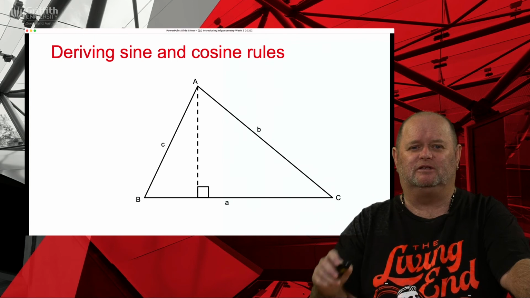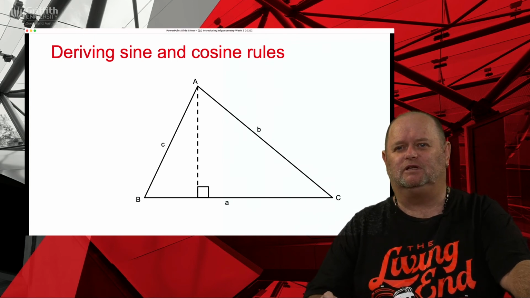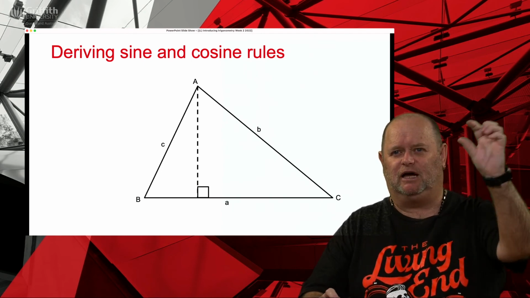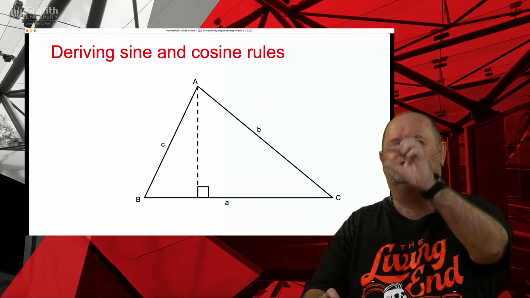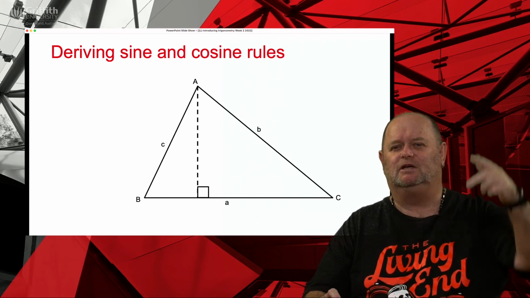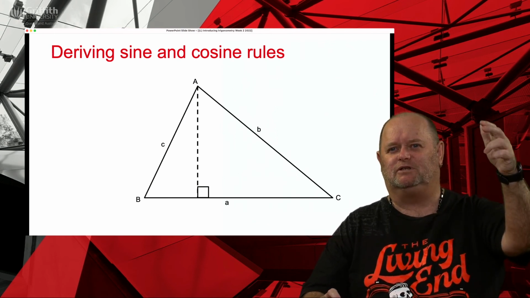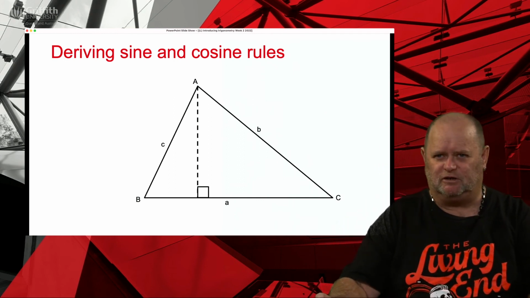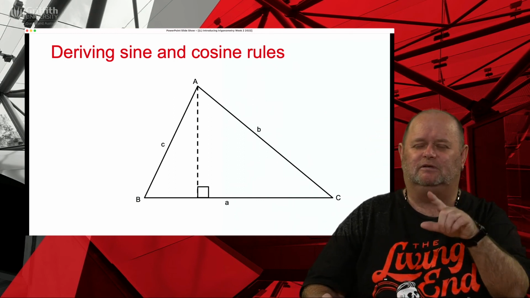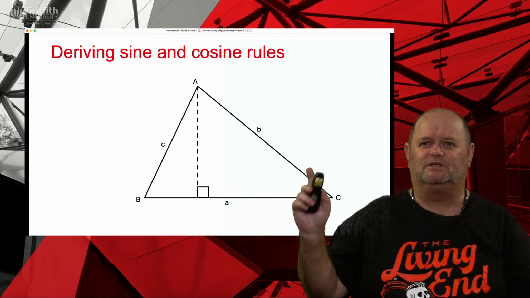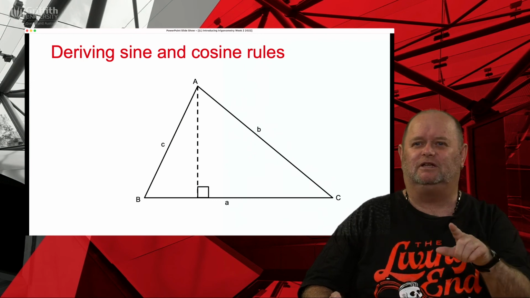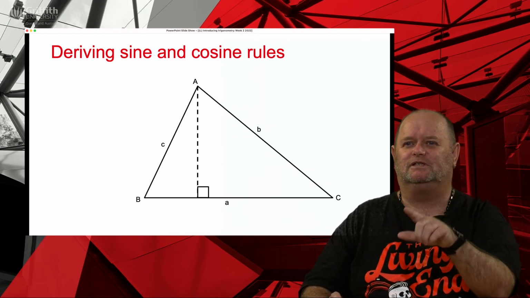The only thing I'd say about the sine and cosine rules, if you look at the formula sheets, the sine rule is only a over sine A, b over sine B, c over sine C, and you'll see in literature, flip that upside down, sine A over a, sine B over b, and sine C over c. And same with cosine rule, c squared equals a squared plus b squared minus 2ab cos C. And then they'll give you cos C equals this over that.